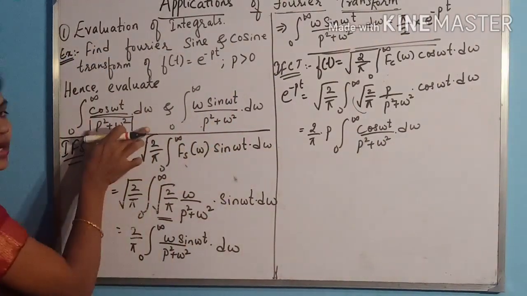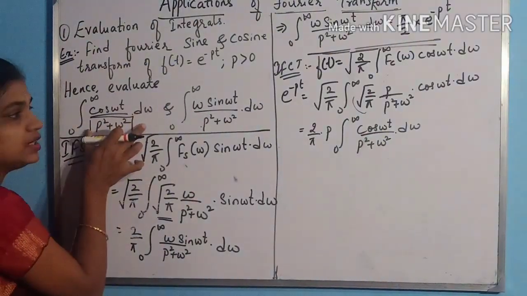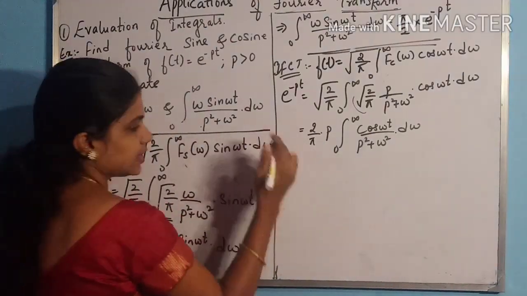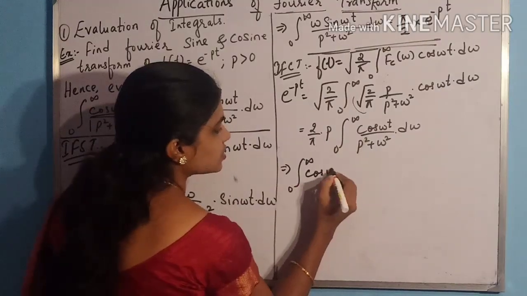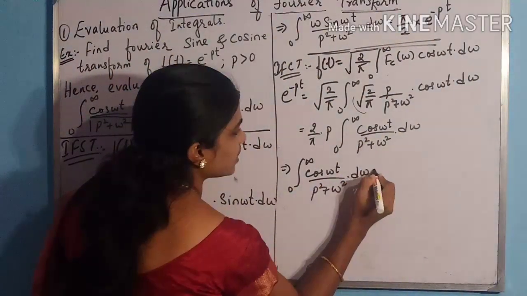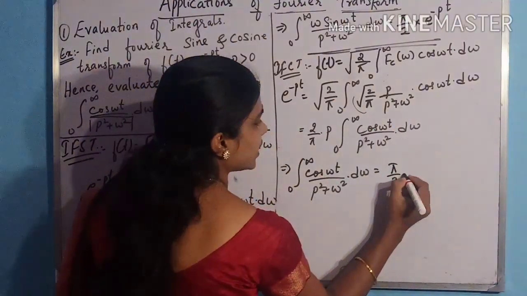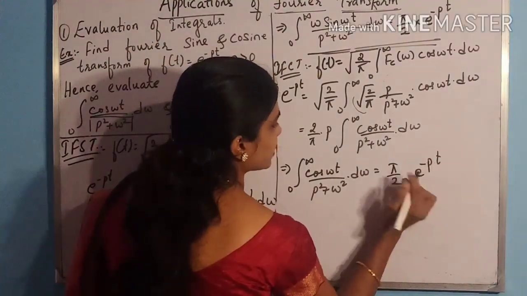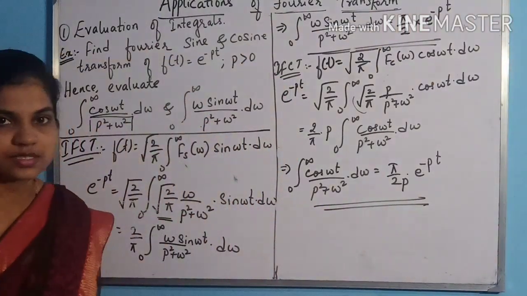So that is what is required for us here, this value we have to find. So I'll take this to the other side. So we have integration 0 to infinity cos omega t by p square plus omega square d omega is equal to pi by 2p into e raised to minus pt.